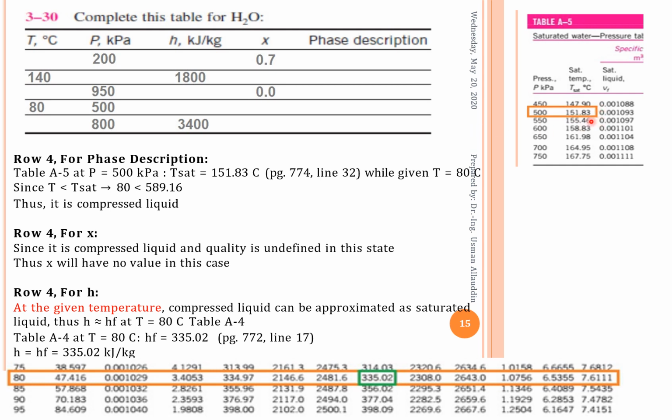And if we compare our temperature, our given temperature T is 80 degrees Celsius, it is below Tsat, the saturated temperature.